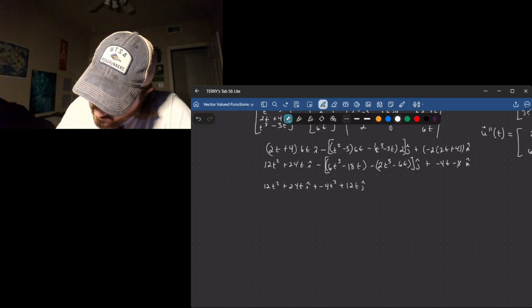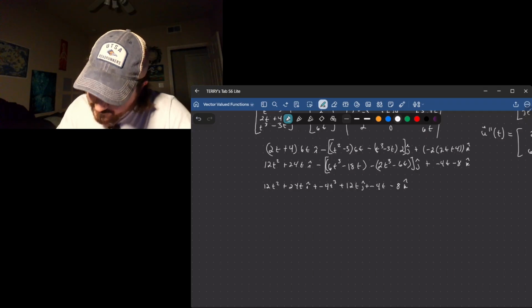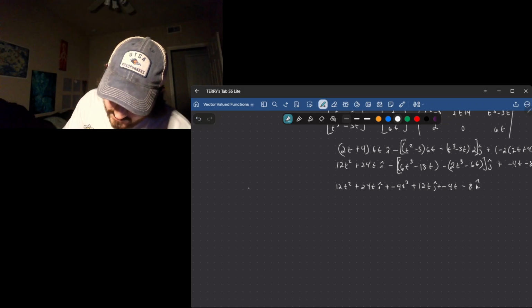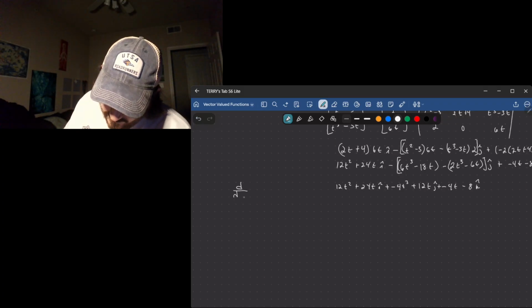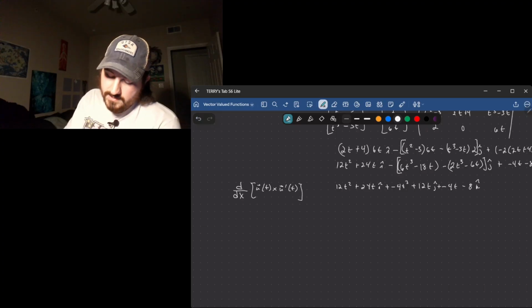And all we have down here at the end is negative 4t minus 8k hat, with a plus in front. So all of that is what the vector valued function u, crossed with the derivative of the same function, was.